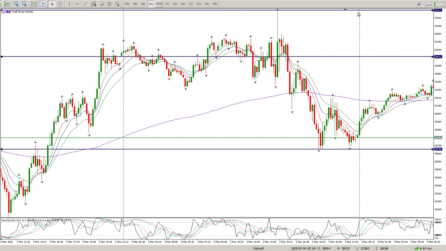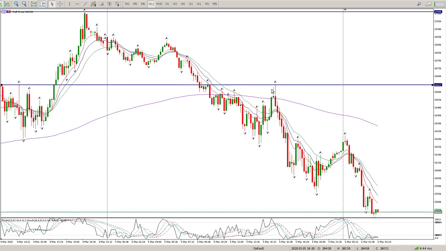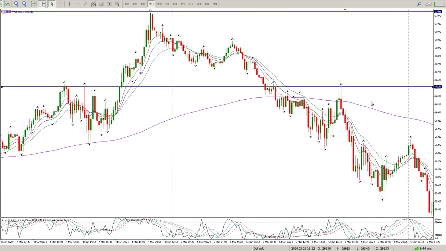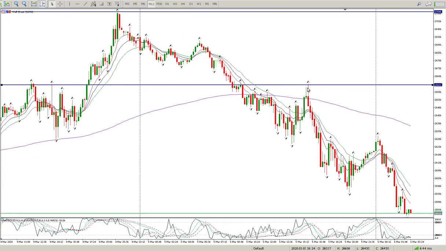If you do want to move to a lower time frame, you can see my levels are in on the higher time frames, but you can see there was the open yesterday. You had a pin bar, and then you had another pin bar on the 12 minutes. That's enough confirmation for me of the level that we need to be short, and short it was.